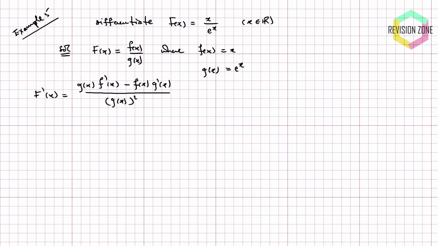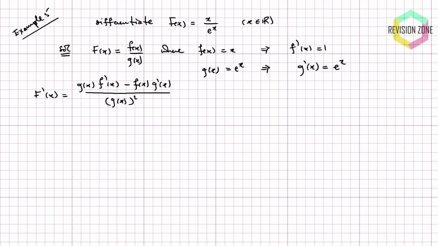So again, as before, we're going to need derivatives of f and g. Since we have f and g, let's work out their derivatives. f differentiates to give me just 1 because f is just x, and x differentiates to give me 1 with respect to x. And g is an exponential, and we know e to the x differentiates to give us e to the x, right?